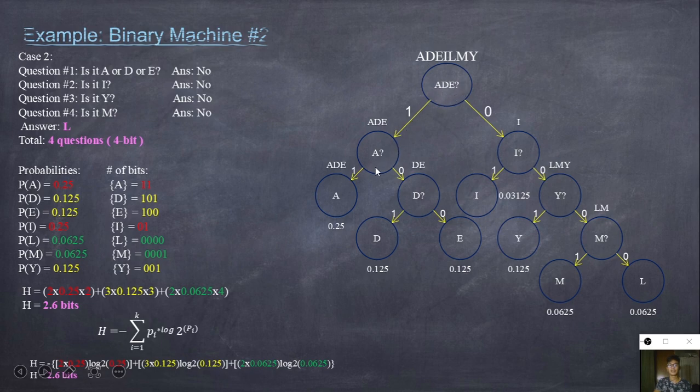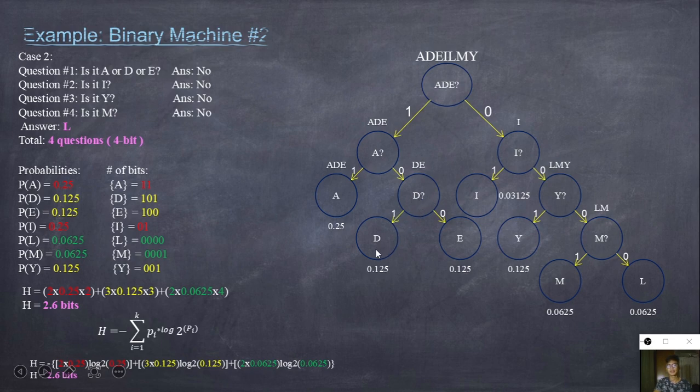For yes, the possible outcomes are A, D, E. So for A, is it A? For yes, A is represented by 0.25. For no, the possible outcome is D, E, so we choose D. Is it D?